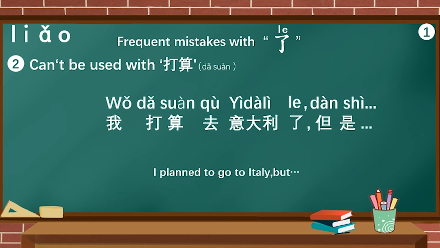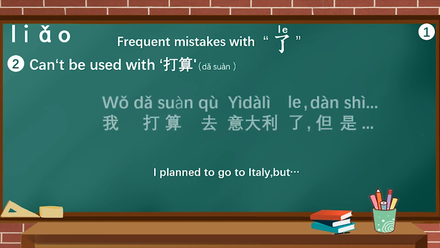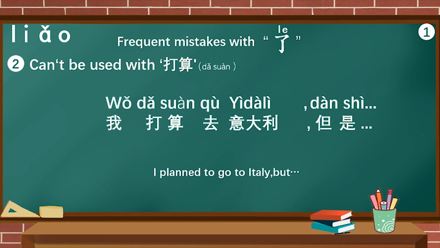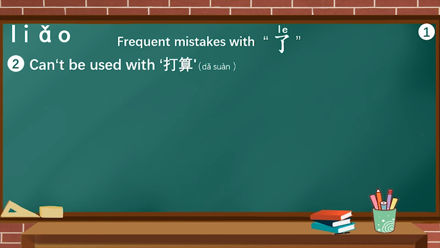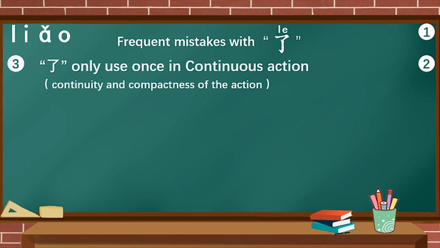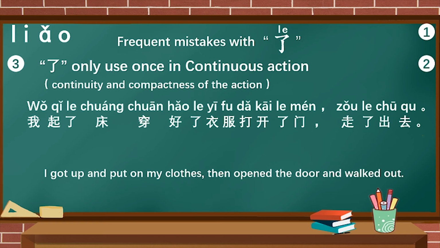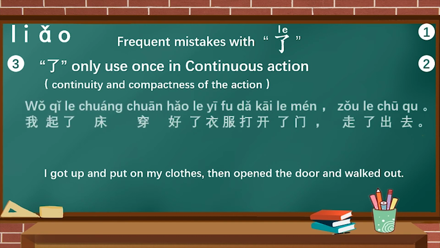我打算去意大利了，但是... This is the wrong sentence. The right one is 我打算去意大利，但是... 我起了床，穿好了衣服，打开了门，走了出去。It's wrong.